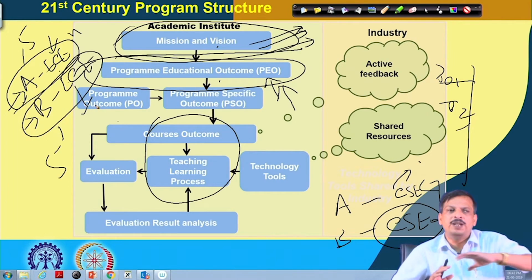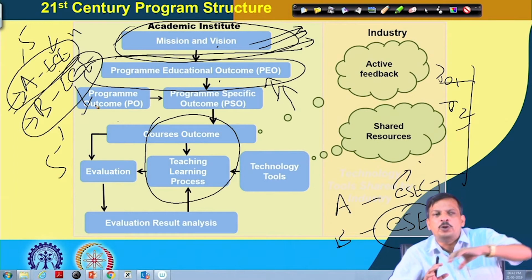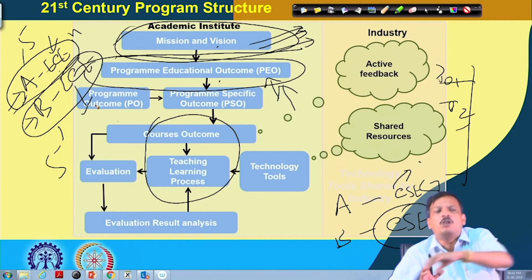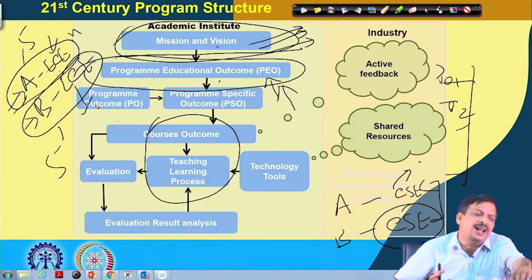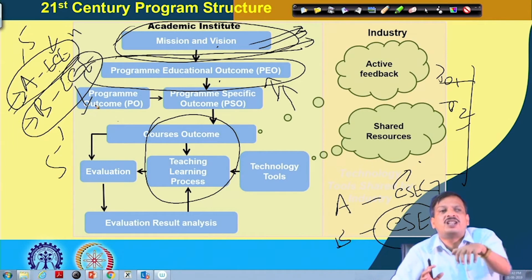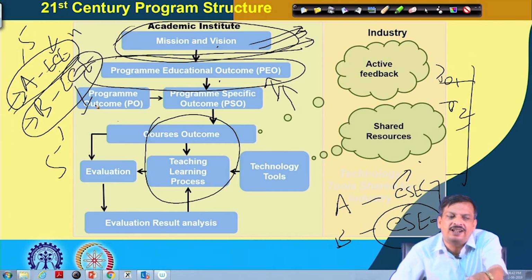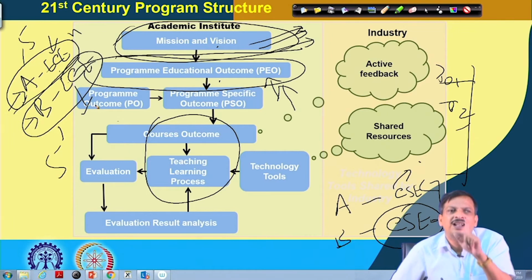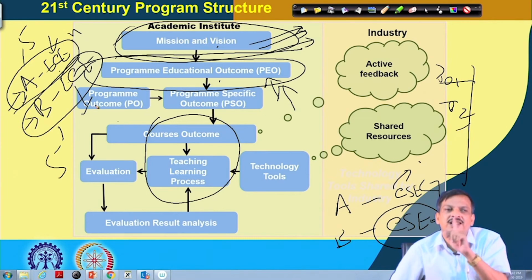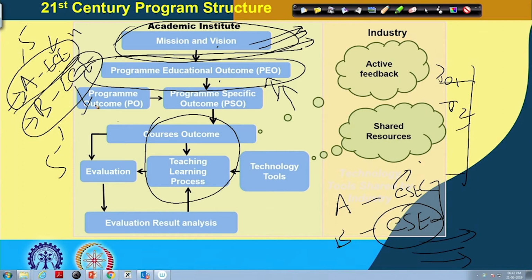So institute B is inclined to produce engineers who are more skilled in VLSI design, and institute A produces engineers who are more skilled in microwave engineering. That should be reflected in the program specific outcome, but the dimensions are 5: solving ability, analyzing ability, design ability, testing ability and modern tools usage ability.